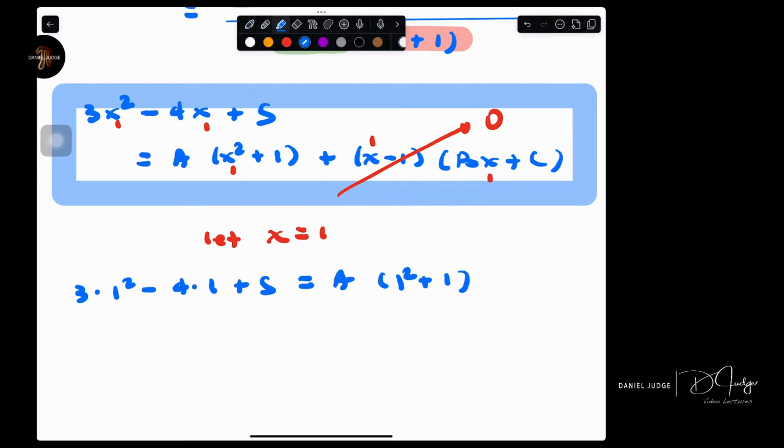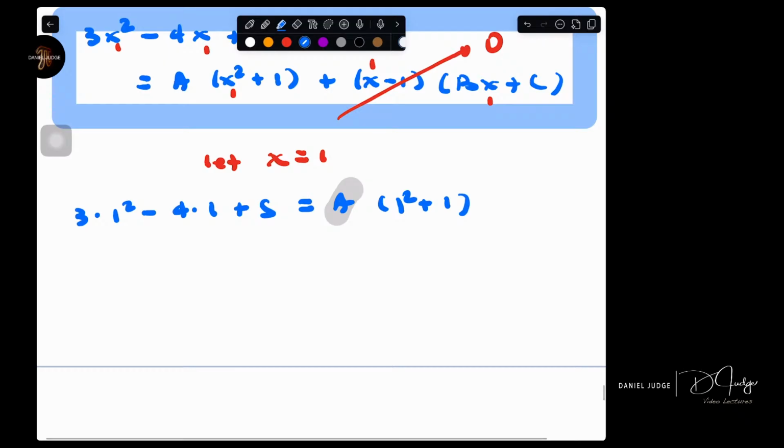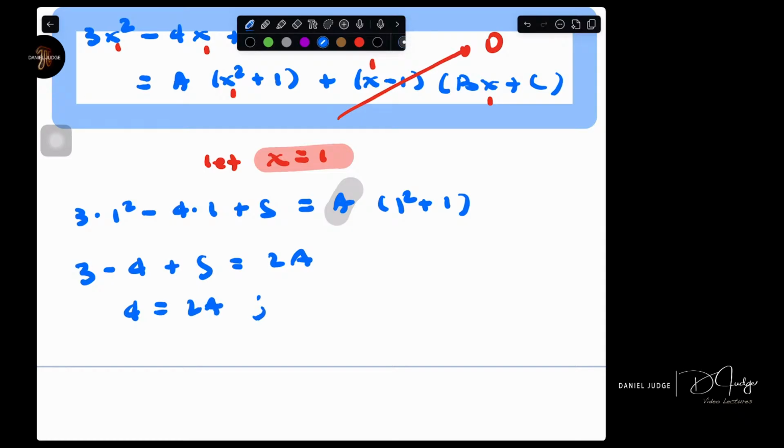This will give me the value of a right off the bat, and I like that. So I'll only take a case for the first one. In this case, x is 1, and then we'll use the algebra. Order of operations on the left, and that gives me 2a. So it looks like I get 4 equal to 2a, or a being the value 2. This is going to be very helpful to us. So I'll start off by taking that first case. Let me double check my work.